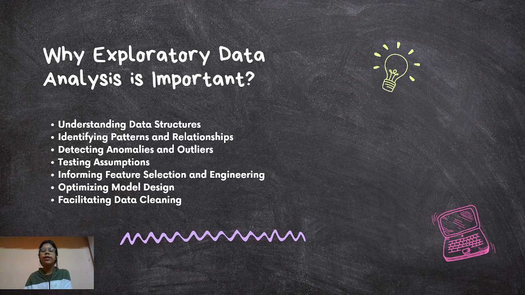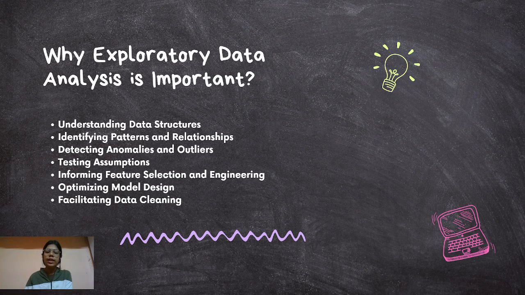Then we are detecting anomalies and outliers. If we have duplicate data, redundant data, or outliers, EDA helps us to solve that. Testing assumptions: if we have assumed something and want to test whether it is true or not, that can also be done by EDA.